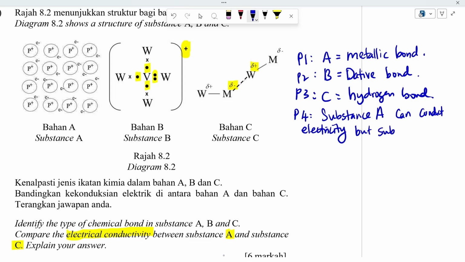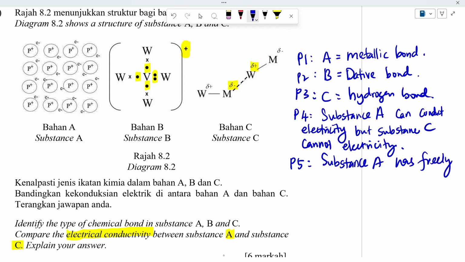But substance C cannot conduct electricity. Now, why can substance A conduct electricity? Substance A has freely moving ions.